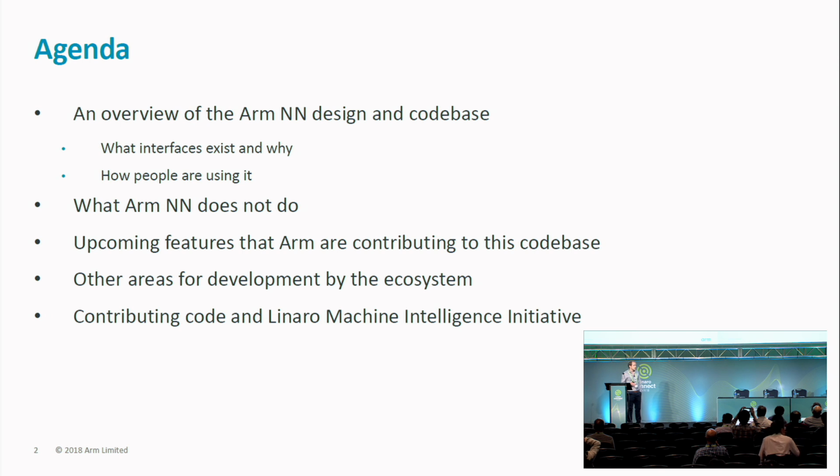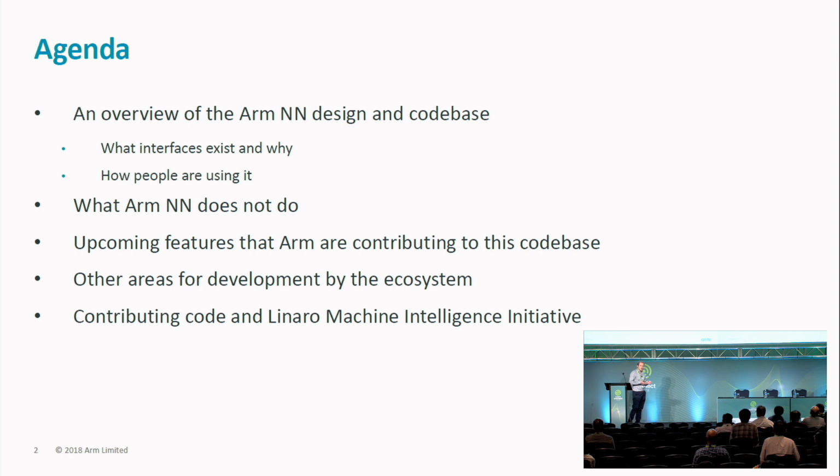And what I'm here to talk about today is a bit of a deeper dive into Arm NN. Hopefully all of you caught Jem's keynote earlier today where he spoke about what we're doing with Linaro, this donation of engineering effort, this code base that we've been working on for a long time, and some of our aspirations with that.